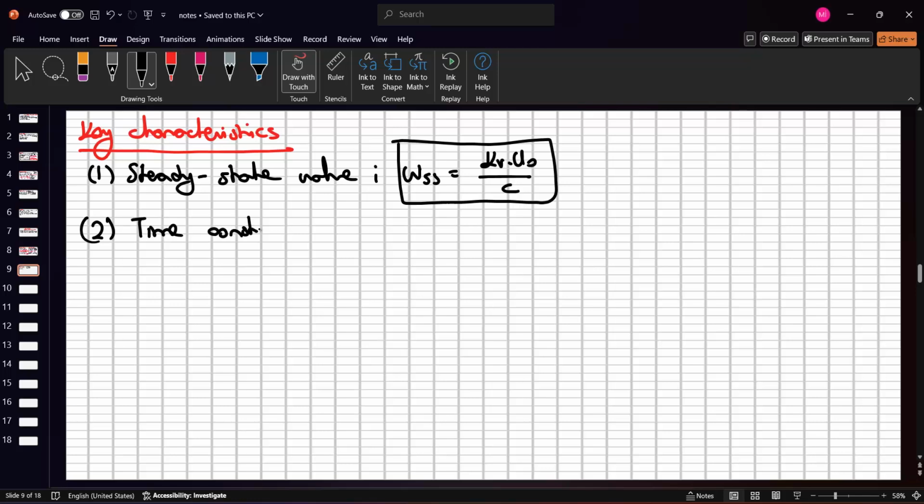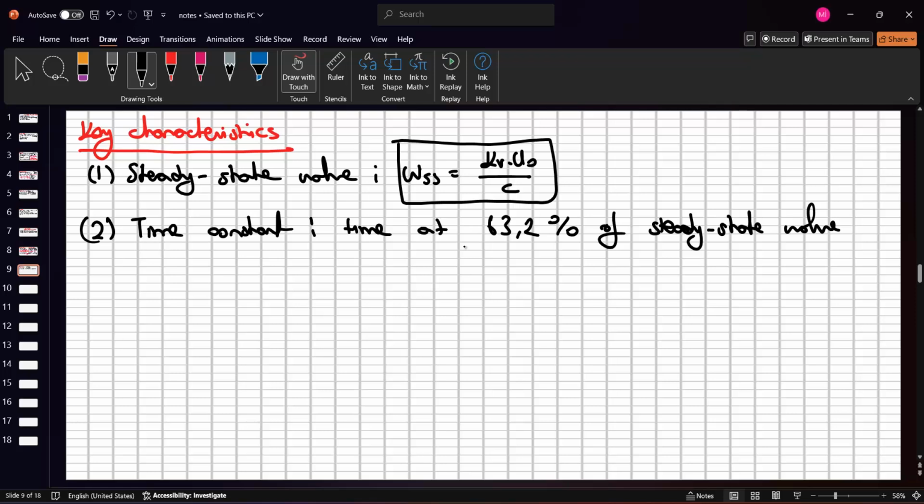The time constant is equal to what? The time at 63.2% of the steady state value.